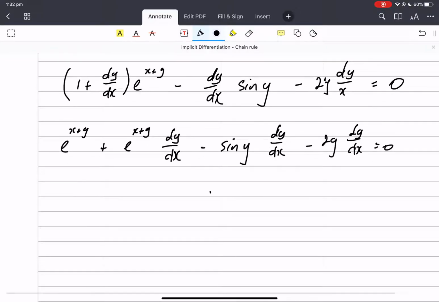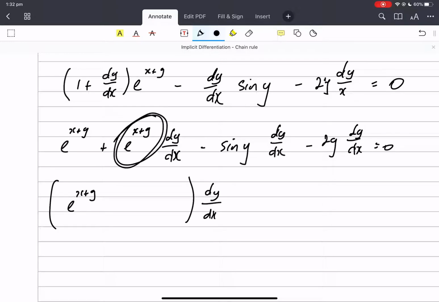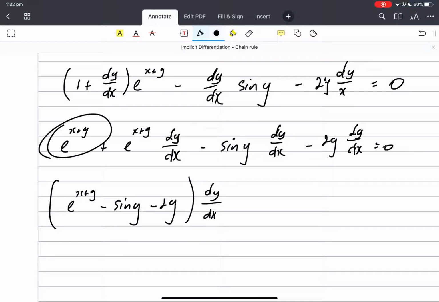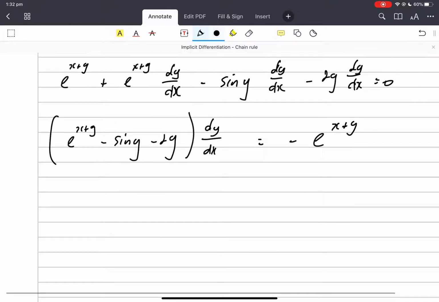Let's factor out all of our dy/dx's. That's that one, and minus 2y. And we're going to get that one to the other side equals minus e to the x plus y. And then we're going to just flip that bracket.